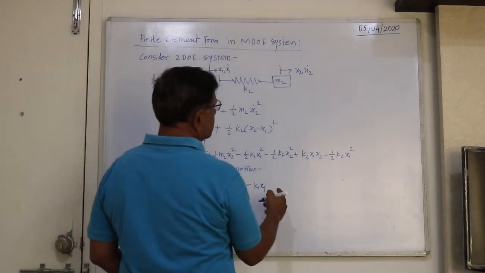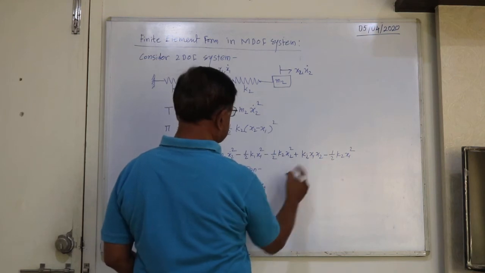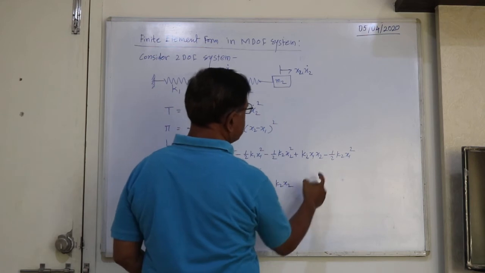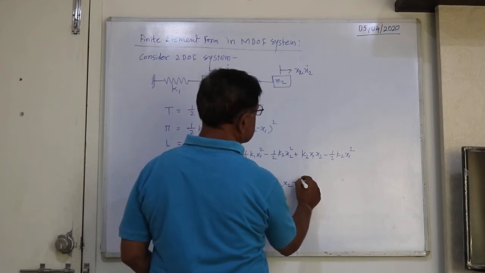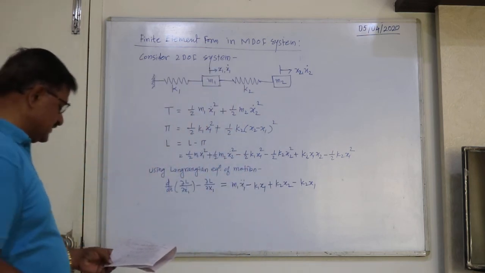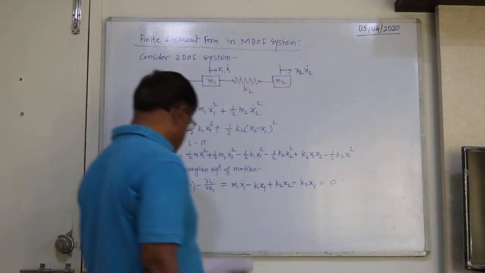Then the next x1 terms are plus k2 x2 and minus k2 x1. So this is the first equation, equal to 0.